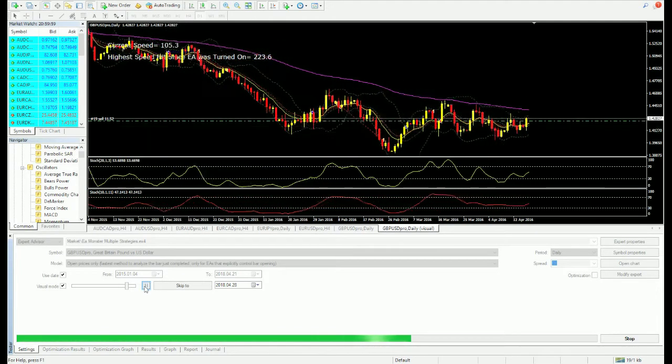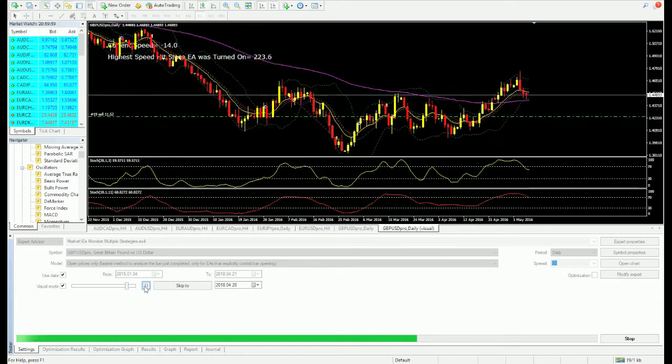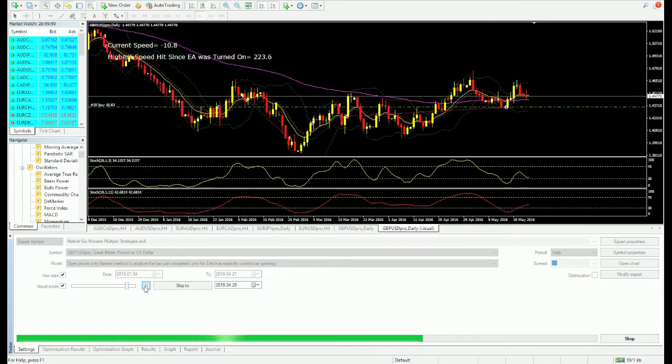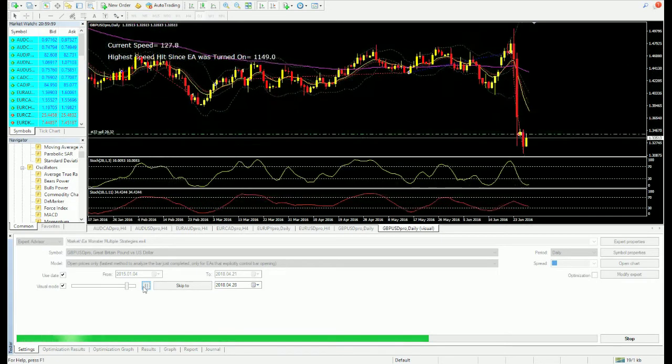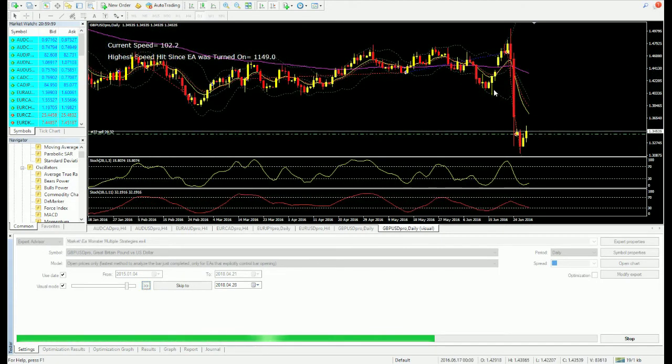They're going to go against you. But overall, here's one that was a little scary. It jumped down here, but it ended up bouncing right back up into profit. Here's one. I love this one. Boom, opens a little bit up and then shoots right down into profit. You can't go wrong there.